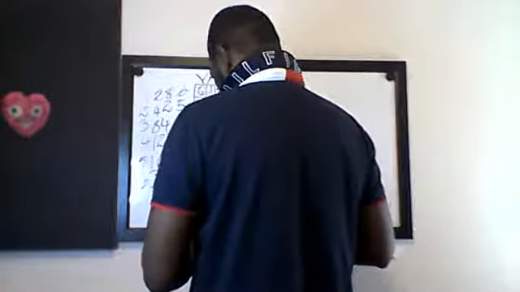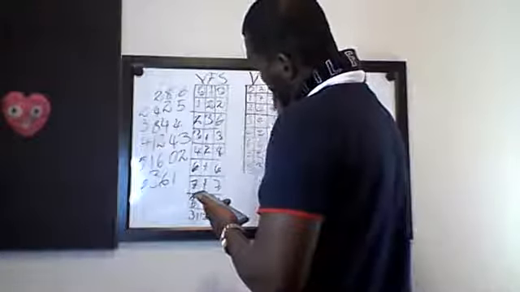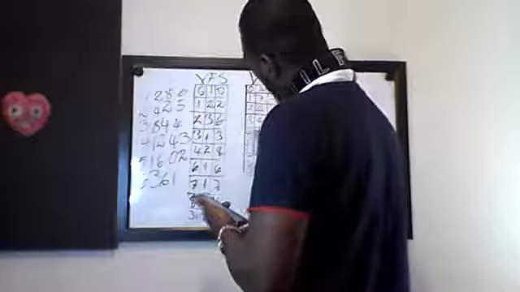Now 8, press 7, 15, press 6, 21, press 4, press 3, press 2, press 1. Still gives me 31, because 5 is still missing, 9 is still missing.